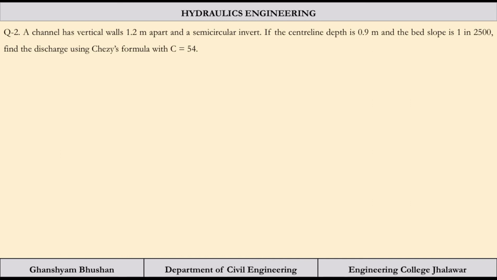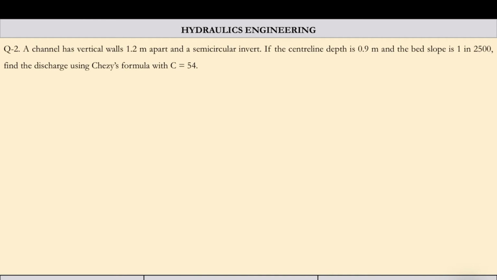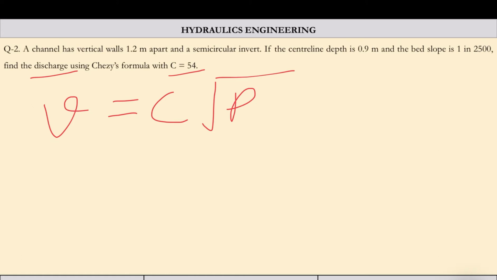If the centerline depth is 0.9 meter and the bed slope is 1 in 2500, find the discharge using Chezy's formula, where C is given as 54. So we have to calculate the velocity and then the discharge. For discharge we have to first calculate the velocity using Chezy's formula. Again, R and S are involved, C is given, R we have to calculate.